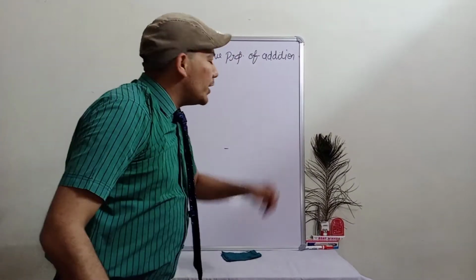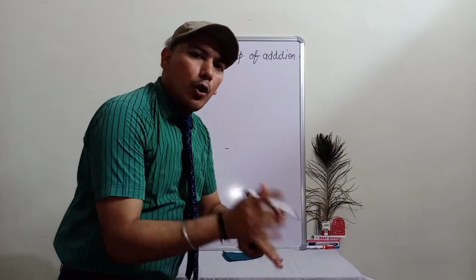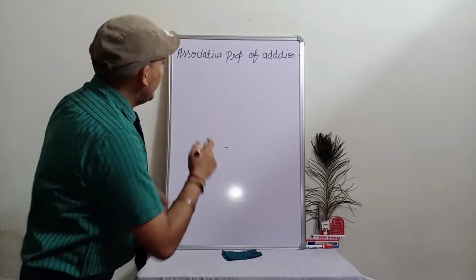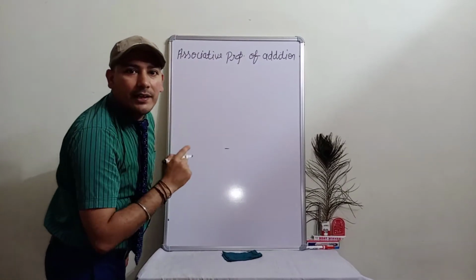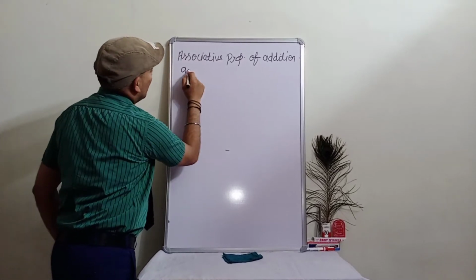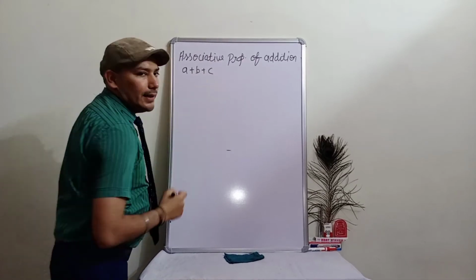What does the associative property of addition say? Same thing as the commutative property, only one thing will be added: that there are 3 integers. How many integers? 3. A plus B and plus C.